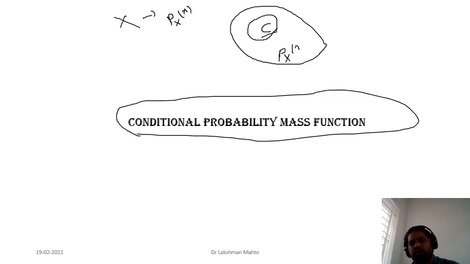So we will have a new probability mass function that we will define as the probability mass function p_X(x | C).